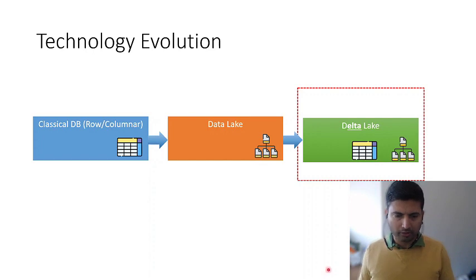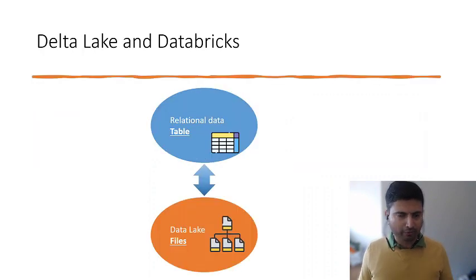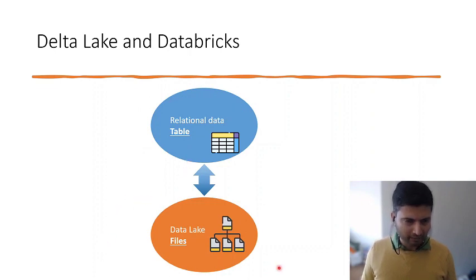So what they said is, I have at the bottom something called data lake files that act as my database in this case, and on the top you're going to create something called classical table structures. So you have the advantage of the data lake when it comes to files, because you're going to quickly load the data, you're going to store it very efficiently, and you're able to compress the data efficiently because you're storing it as a file.